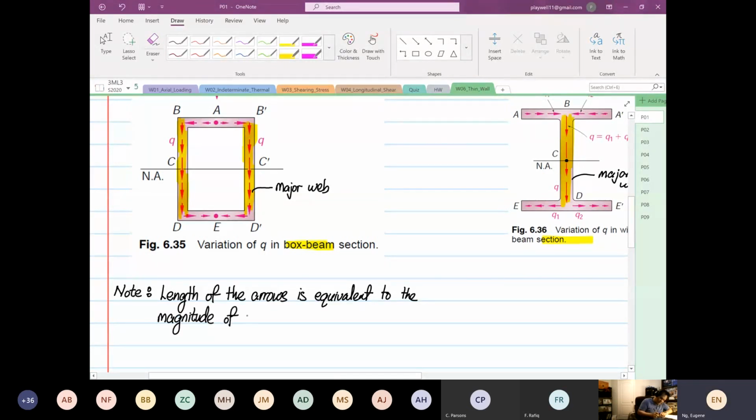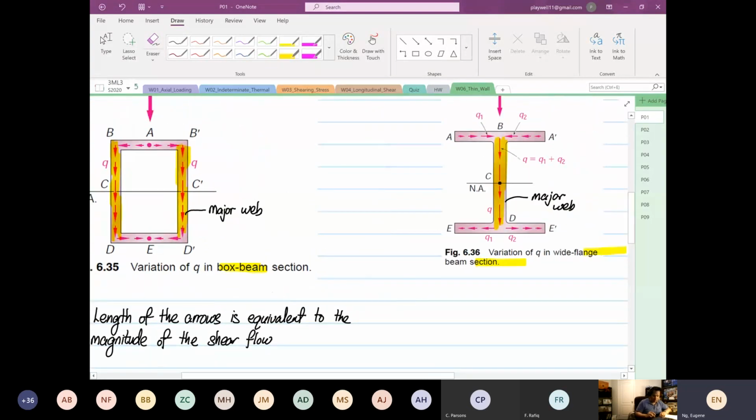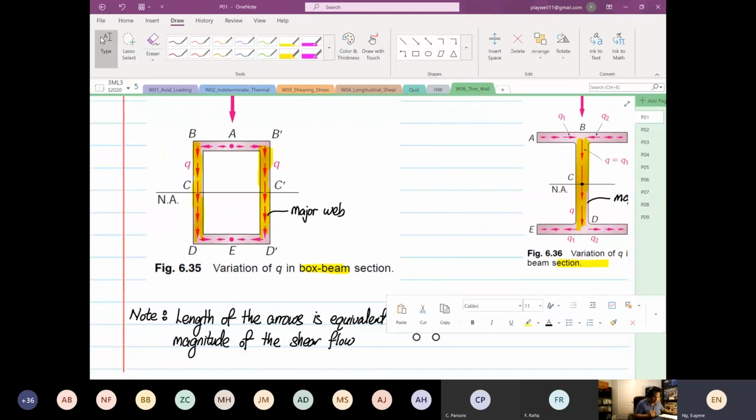So the longer the arrow, the higher the magnitude. This is very different. This is what we call thin wall, and thin wall is very different from thick wall.